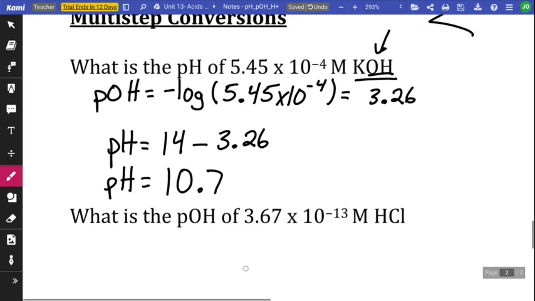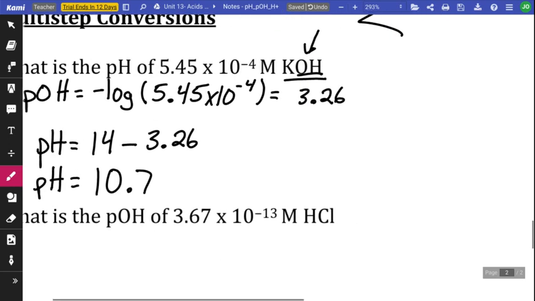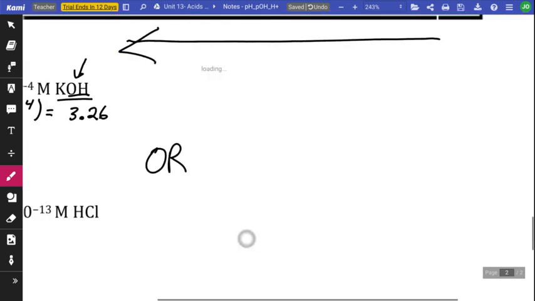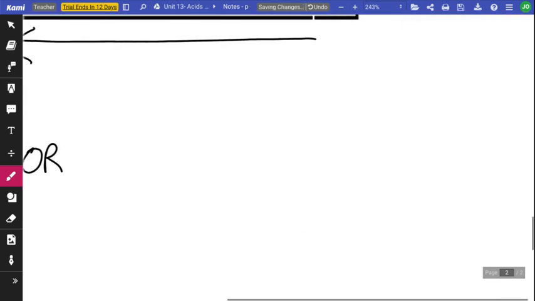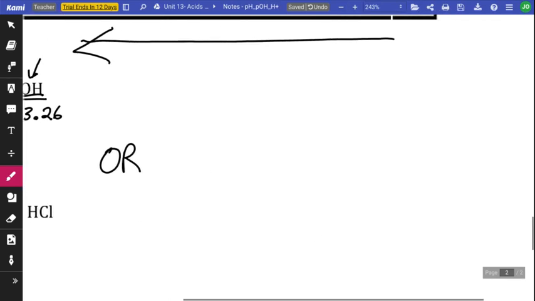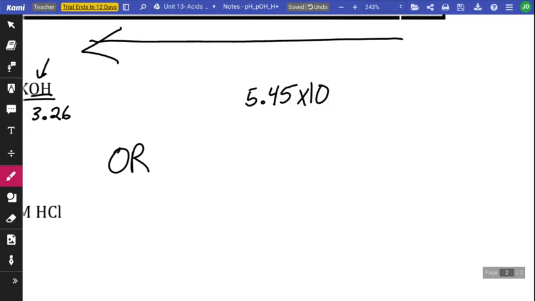So what if I were to do it the other way? I had my concentration of 5.45 times 10 to the negative 4, and again, this is the hydroxide concentration.